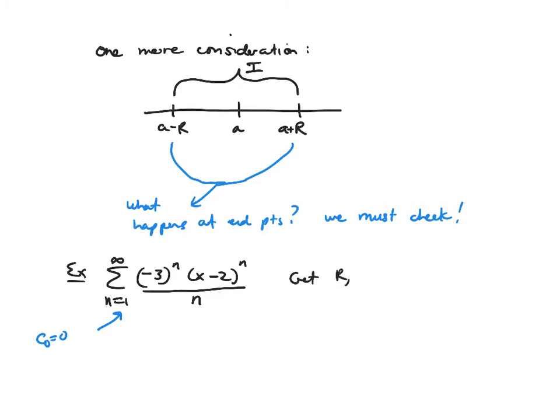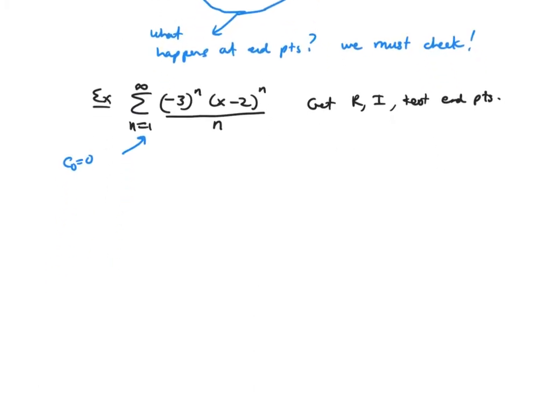So I want to get the radius and interval and test the endpoints. Okay, so I'm explicitly asking for that test to be done to check whether or not those endpoints exist inside the interval of convergence. Well, I've only got one tool to use. It's the ratio test.